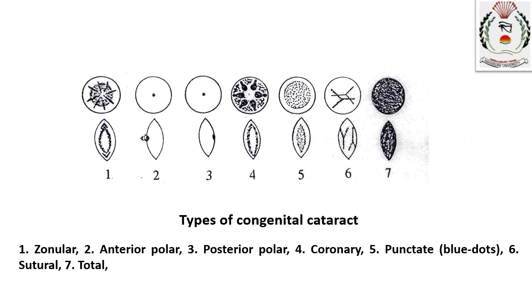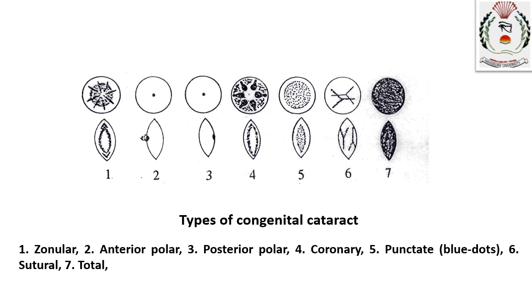Maybe also nuclear cataract. Another type is the nuclear cataract, which affects the nucleus in the center of the lens. Again, this picture is a summary of different types of cataract. Maybe zonular or lamellar, affecting zonules of the lens, and the rest of the lens is clear.